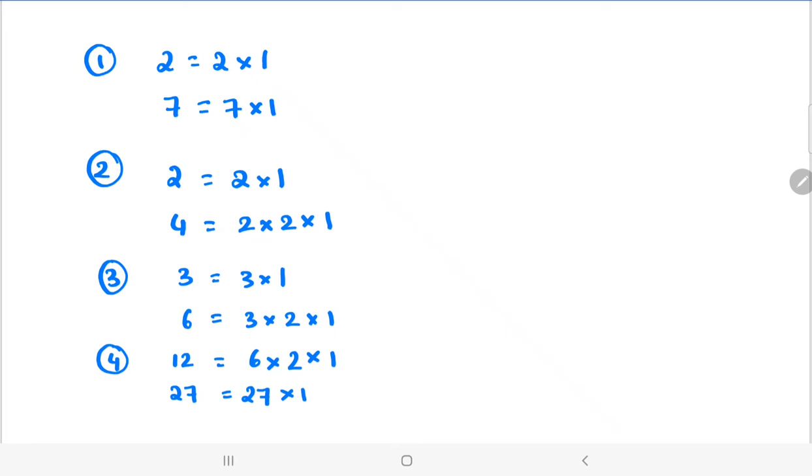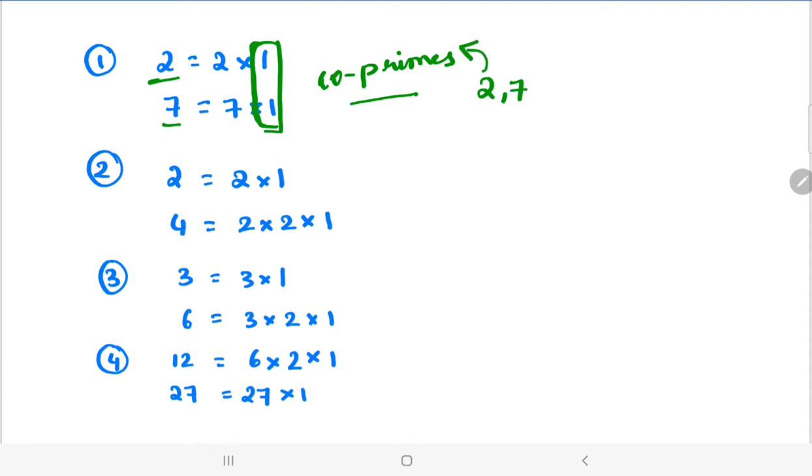So remember that when two numbers have only 1 as common, then they are known as coprimes or coprime numbers. Whenever two numbers have 1 as their only common multiple, then they are known as coprimes. So here we can tell that 2 and 7 are coprimes.